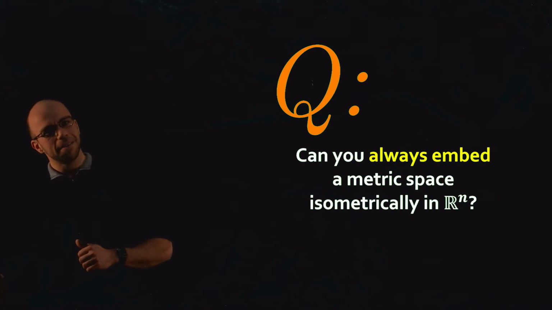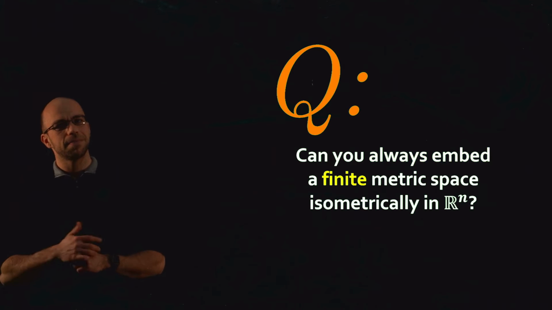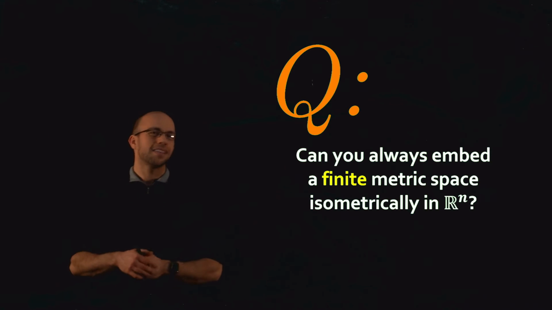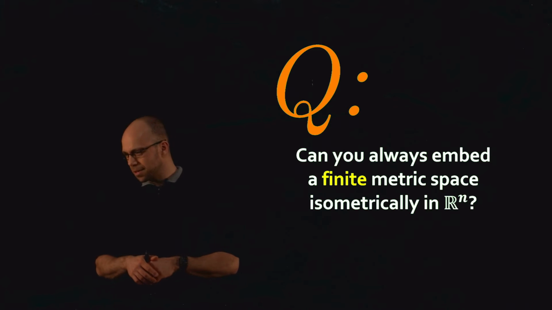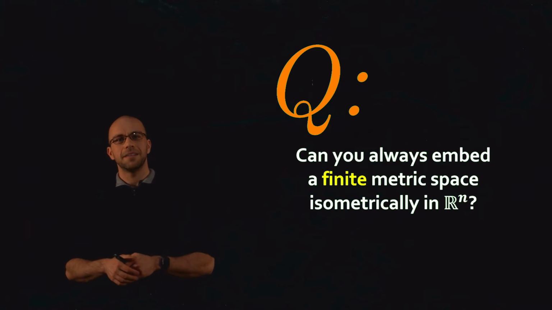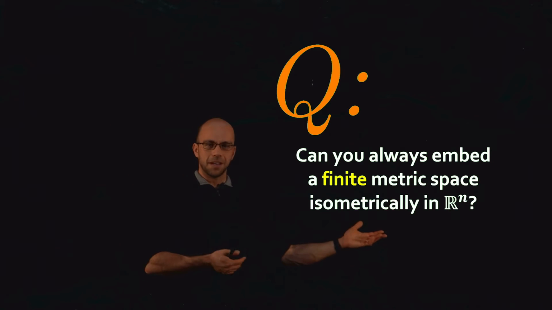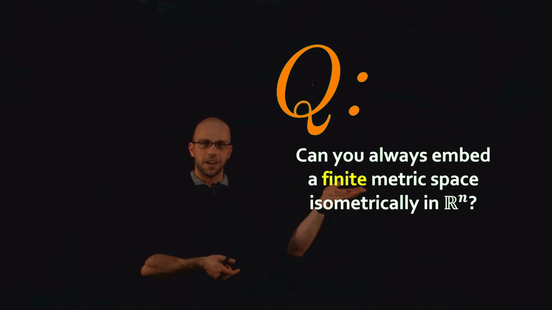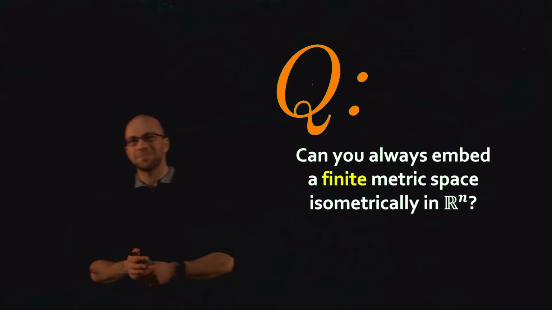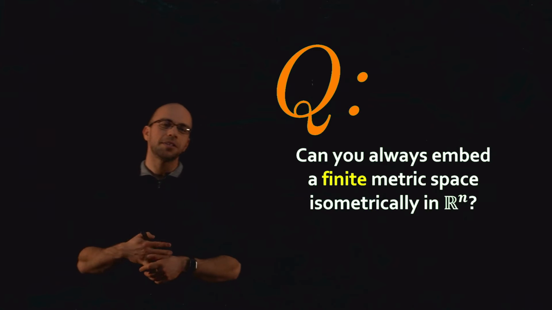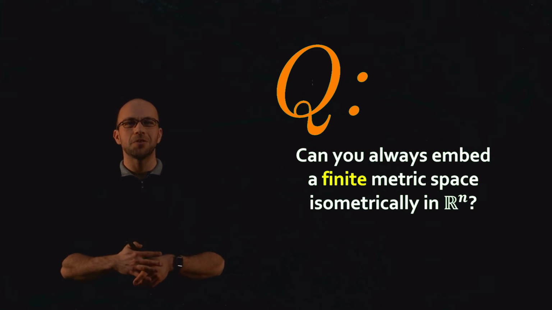In particular, we can ask a slightly different question. Can we always embed a finite metric space isometrically into R^n? And in fact, I don't even say what n. It could be that my finite metric space has 5 points in it, and n is like 23, whatever. So first of all, we should make sure you understand what a finite metric space is.